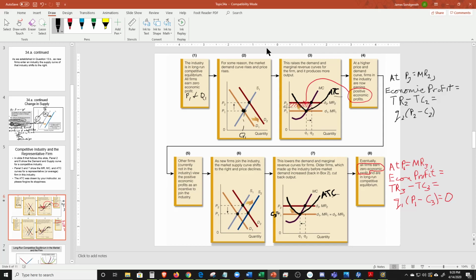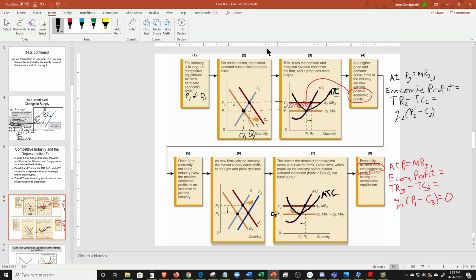So this is going to push the price up, and it will also increase the quantity, right? And so what's now going to happen is that the marginal revenue that the firm faces is going to jump from P1 to P2, MR1 to MR2. Instead of producing Q1, this firm is going to produce Q2.